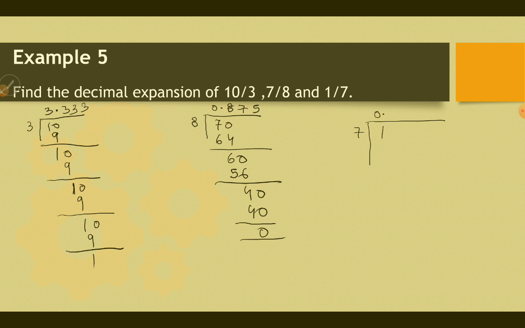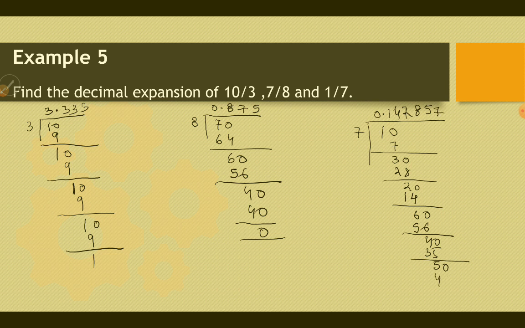Again 1 is not divisible by 7, so 0 point becomes 10, 7 1s are 7, 30, 7 4s are 28, 20, 7 2s are 14, 60, 7 8s are 56, 40, 7 5s are 35, 50, 7 7s are 49. You can see the remainder is 1 and we started with 1.